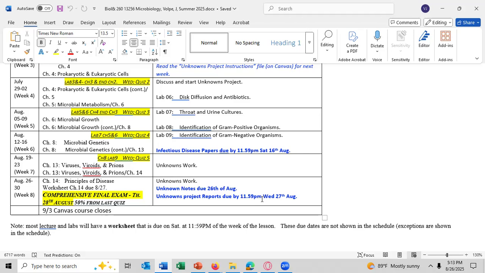If you don't get the project done, you should just write up the project as far as you can, meaning say you've identified it as these possibilities and you needed more time to get more tests done and you ran out of time. Then just write up your report that way. Any question about any of that?